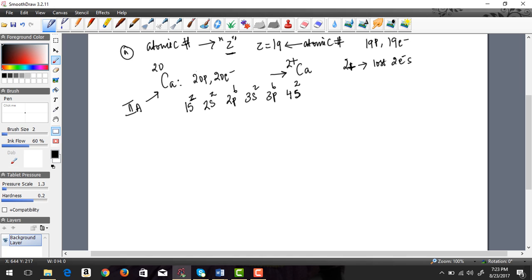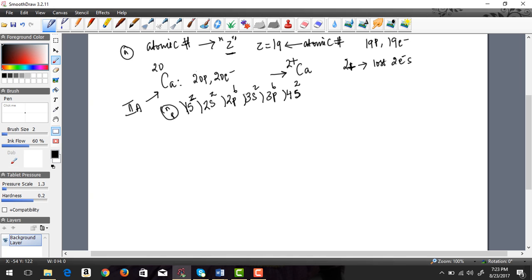This is where the nucleus is, this is where the neutrons and protons are, and these are your shells, and you can only remove an electron furthest from the nucleus. What is the furthest from the nucleus?